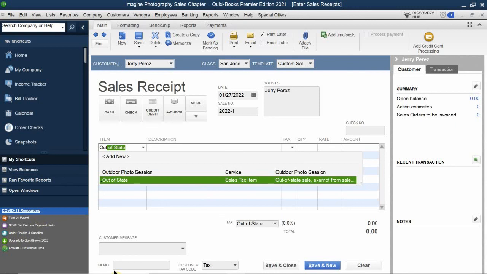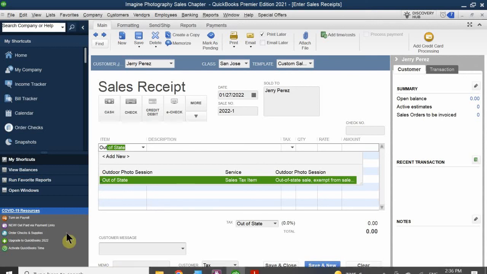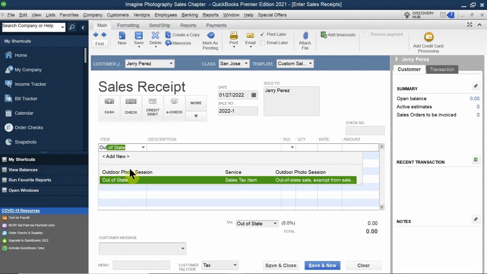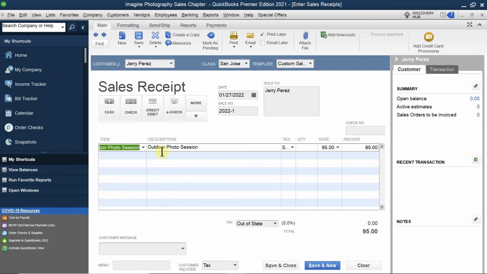We'll talk about items more in depth in chapter 8 when we dive into inventory. So they've already got the items listed for me. I am going to be having outdoor photo sessions, and Jerry bought 3 of them.